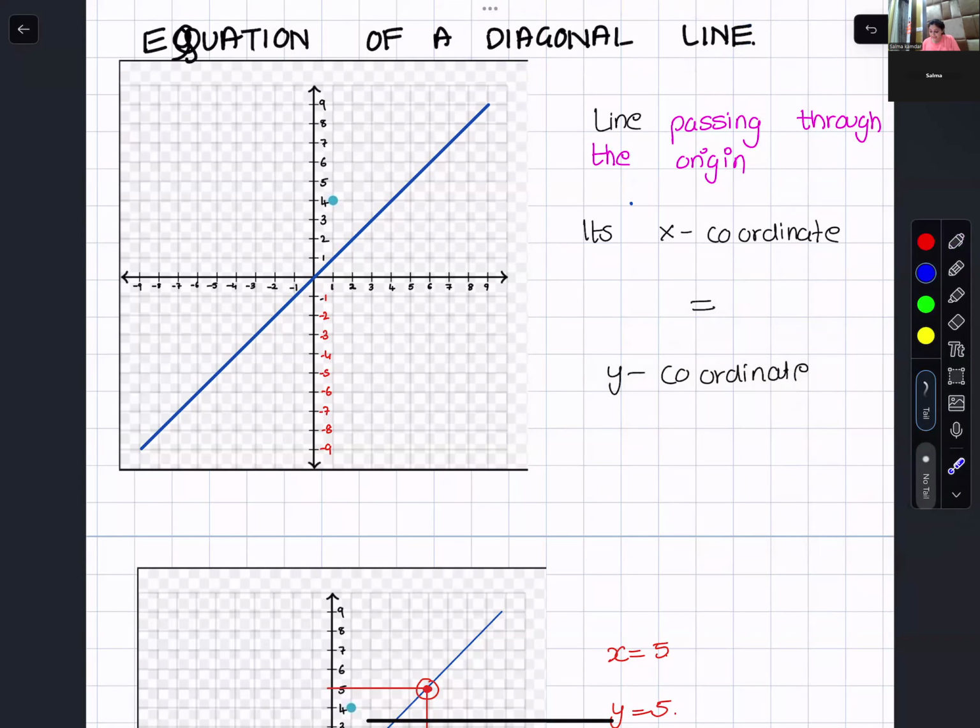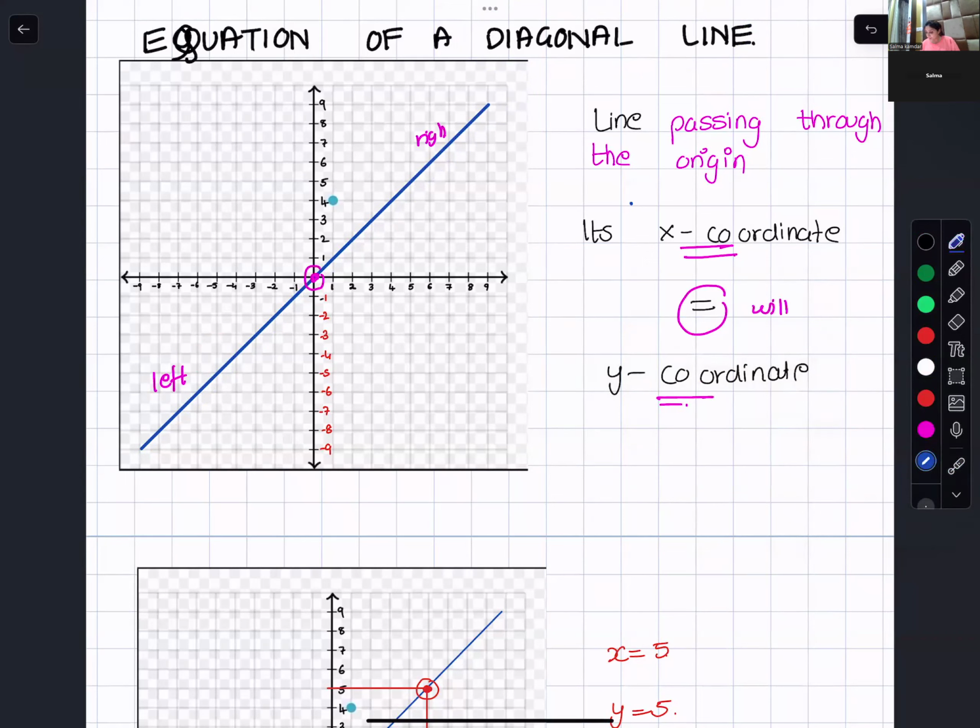If I have a diagonal line that slopes upwards from the left to the right and it passes through the origin, then in that case, the x coordinate will always be equal to the y coordinate.